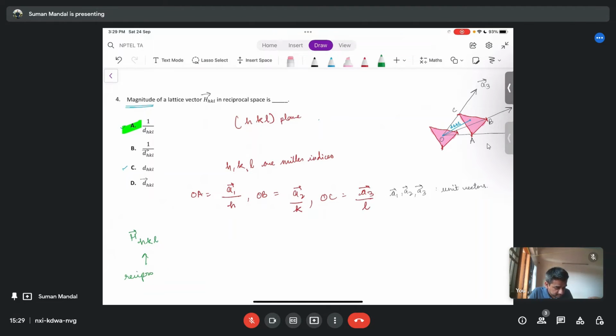According to the question, we can write it as H into the reciprocal lattice vectors B1, K B2 plus L B3. Now since all of these are lattice vectors, H, K and L are integers. So now we have to find the direction of this HKL.